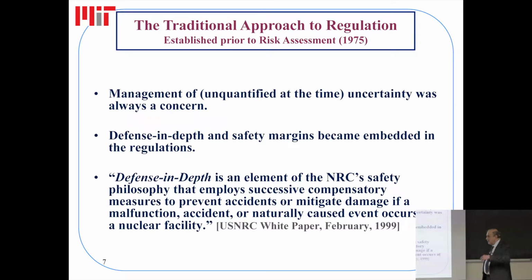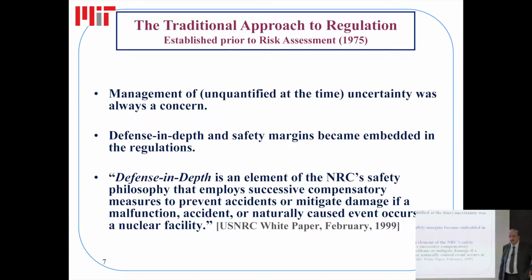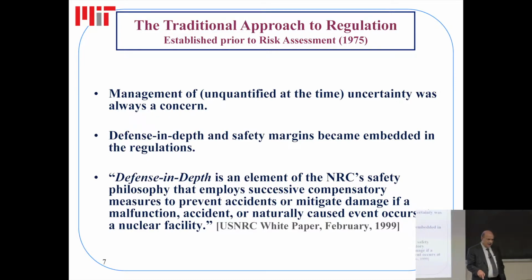Now, I will contrast this with the traditional approach to regulation, which is still in place. It has been modified a little bit, but it's still in place. And it was created back in the 60s and early 70s, by and large, when the utilities started building nuclear power plants.